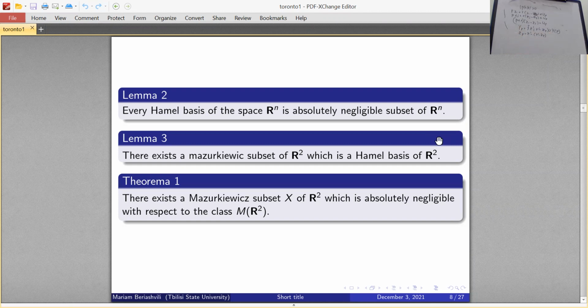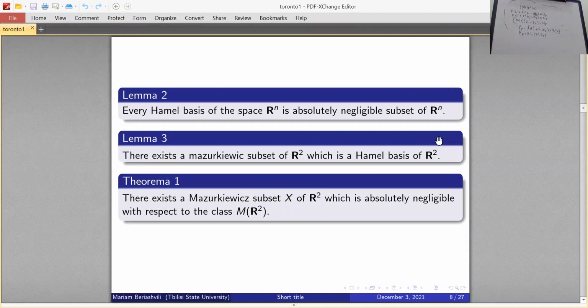So if we continue this process, we will obtain the family Y, which will be subsets of the plane for which all five conditions will be satisfied.